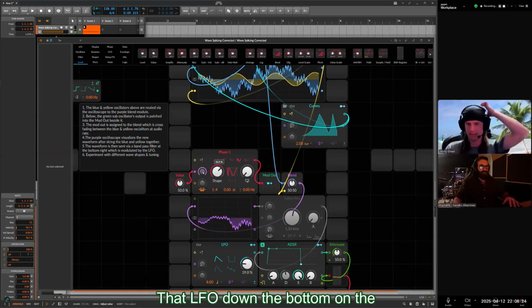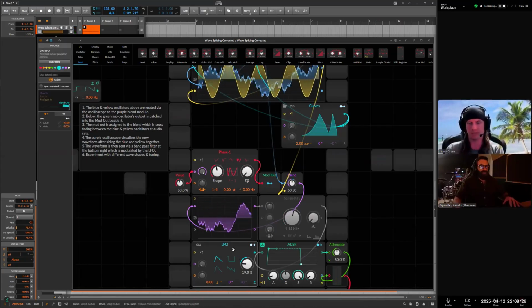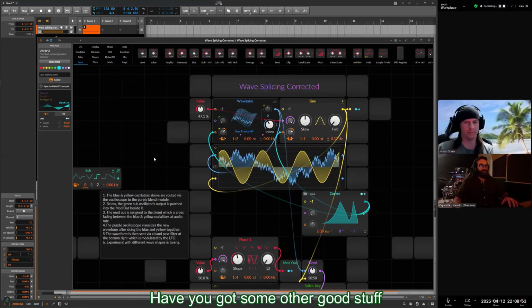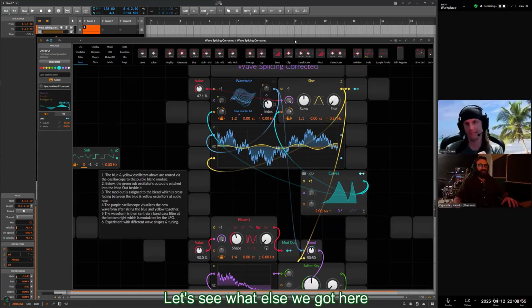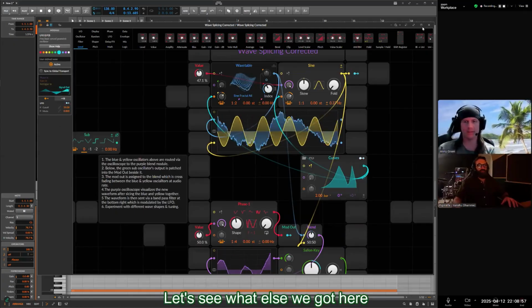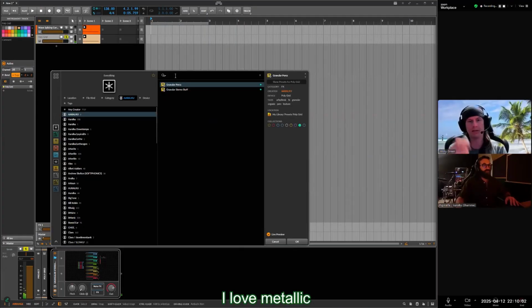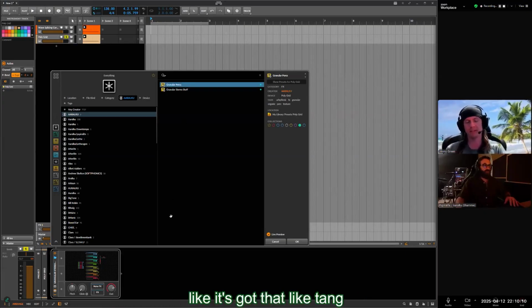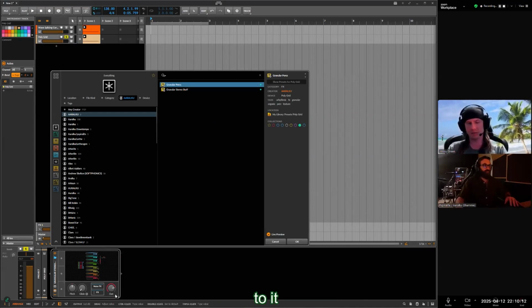That LFO down the bottom on the left, is that doing anything? It's controlling the filter. Have you got some other good stuff? Sure I do. Let's see what else we got here. I love metallic, industrial sounds like that as well. Like what you just heard? Yeah, it's got that ting to it.